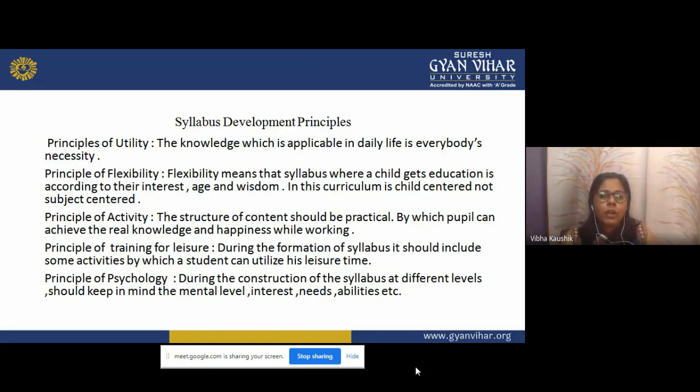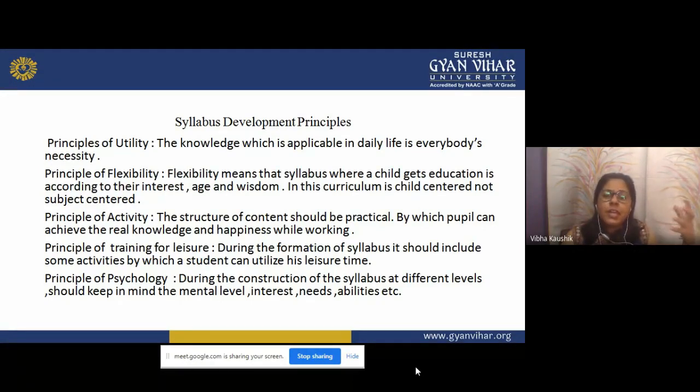The structure of content should be practical, meaning the knowledge which has been gained by the student should be practical, so that people can achieve real knowledge while working. All the knowledge should not be only theoretical.